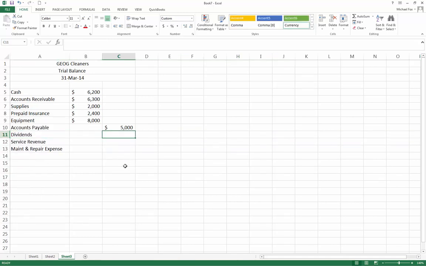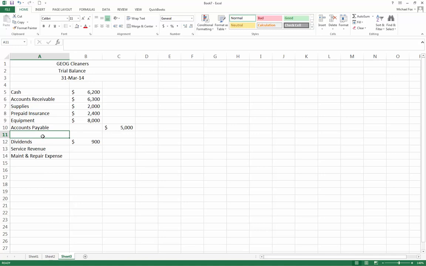Dividends, a debit balance of 900. Yeah, I'm missing some. Oh, I'm missing common stock. Common stock had a balance of 15,000.